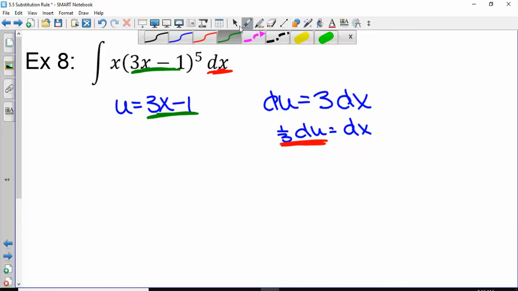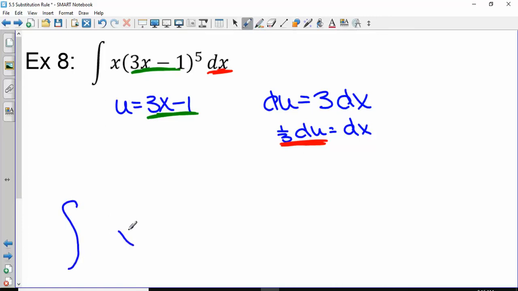What's wrong with this? We still have an x. I can't do an antiderivative of x times u to the 5th. That's too many variables. So we have to figure out what to replace this x with. How could I figure out what x is?